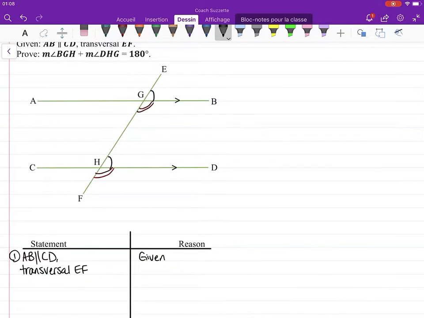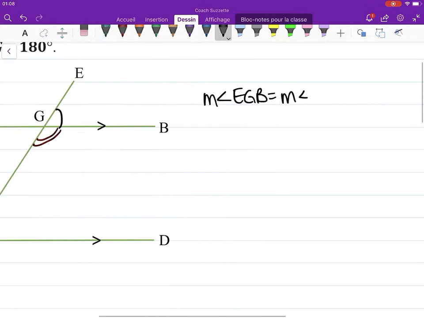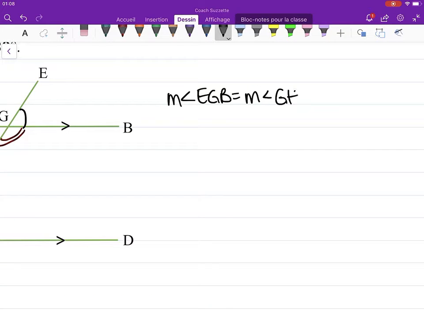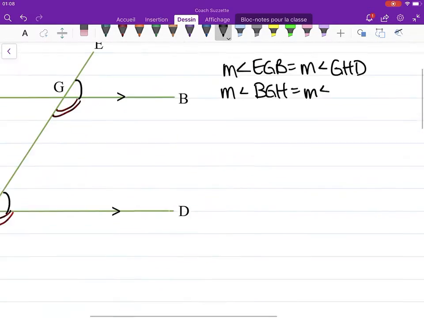Okay, so what I'd mentioned before was that the measure of angle EGB is equal to the measure of angle GHD because they're corresponding angles, and that the measure of angle BGH is equal to the measure of angle DHF.